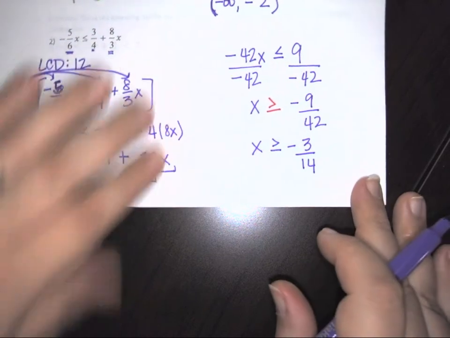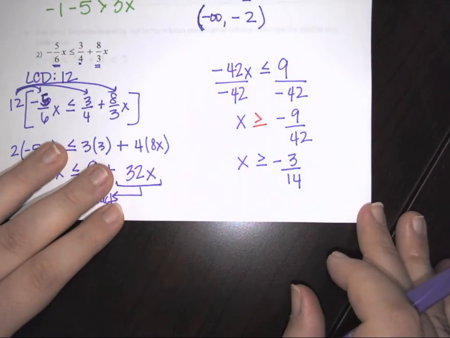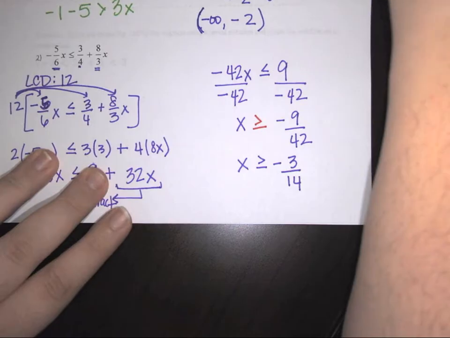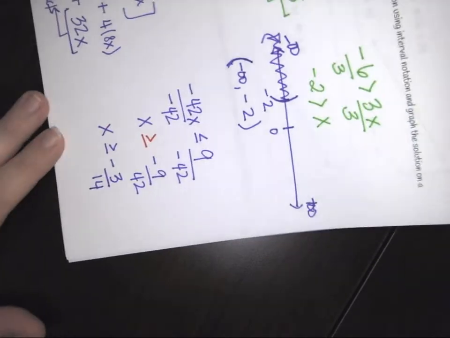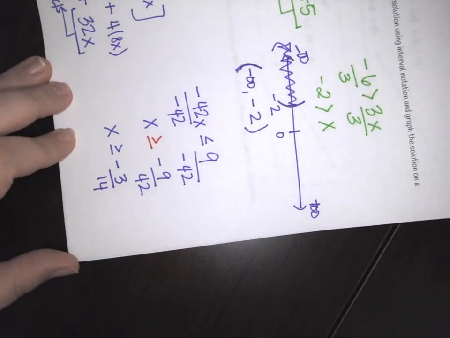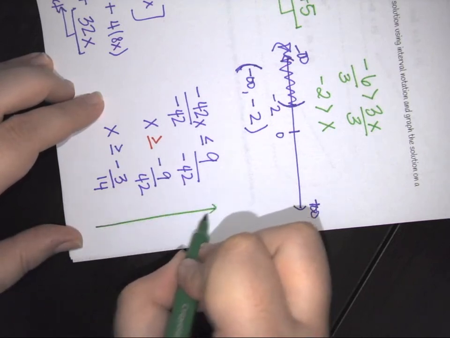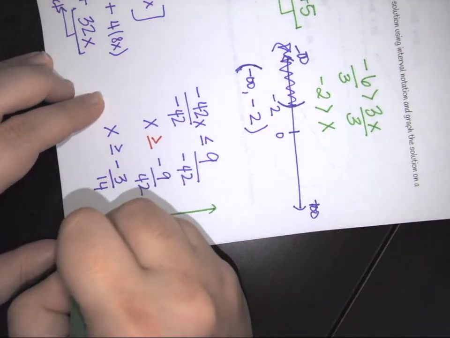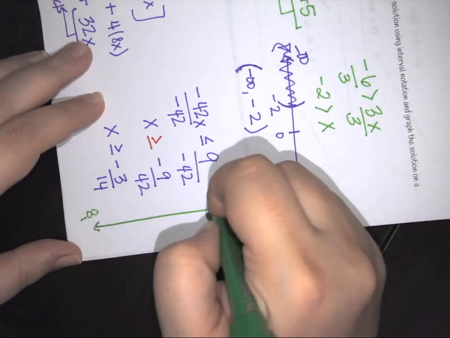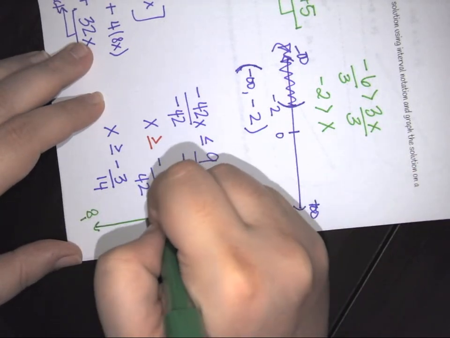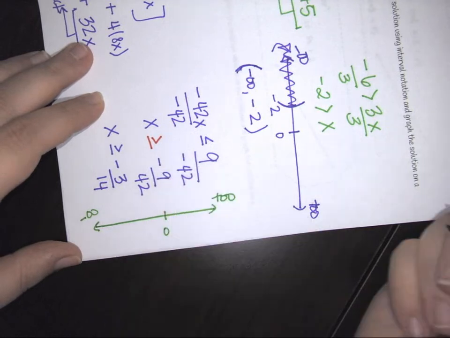So here I have to be able to write my interval and do my graph. Okay, so I need to turn this so that I can go ahead and draw my graph. So here's going to be my number line. I'm going to go from negative infinity to positive infinity, and I'm going to go ahead and input my 0.